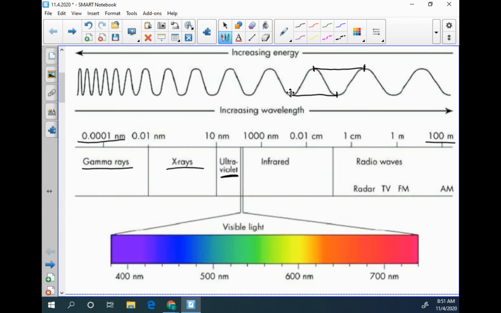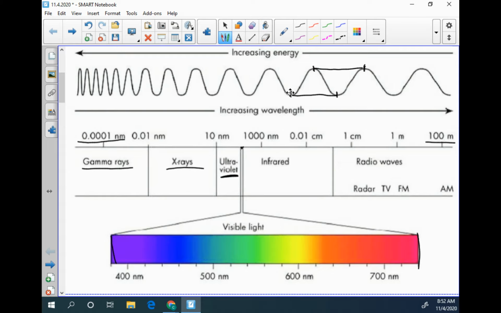And then right through here, that little line right there is all of our visible light. Our red, orange, yellow, green, blue, purples. That's our rainbow. All of the light that we see, all of our visible light, is between 340 and like 760 nanometers.